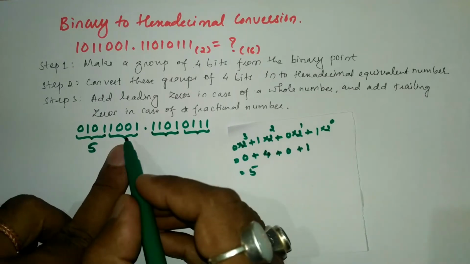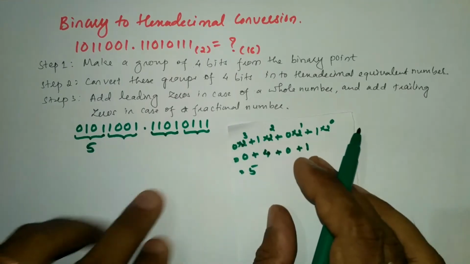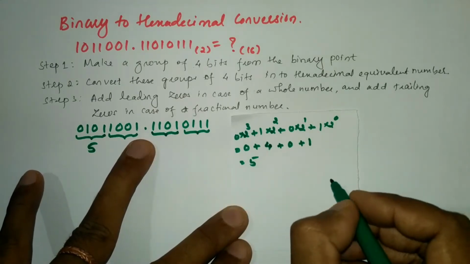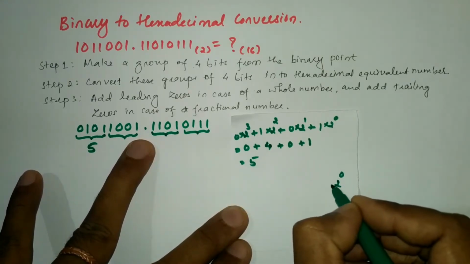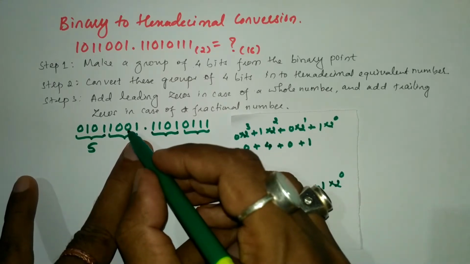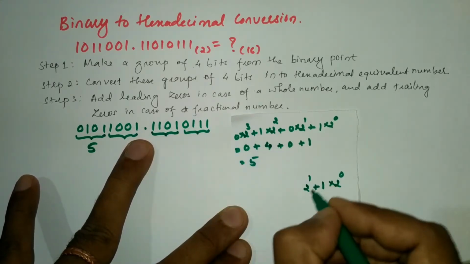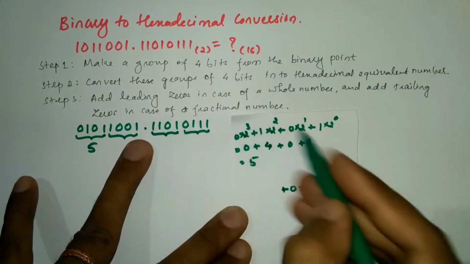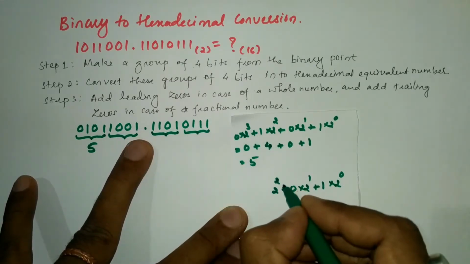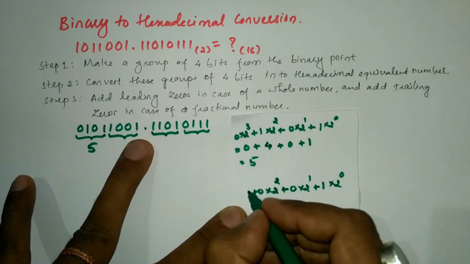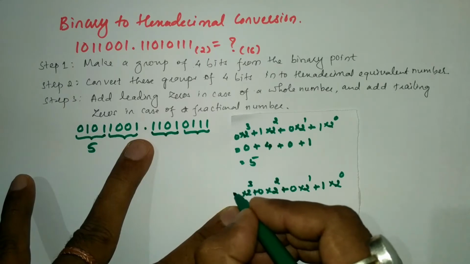Similarly, we are going to convert this group of 4 bits. What is the positional weight of this one? 0. 2 to the power 0 into 1, plus next bit is 0 whose positional weight is 2 to the power 1 into 0. Next bit is 0 whose positional weight is 2 to the power 2 into 0, plus next bit 1 whose positional weight is 2 to the power 3 into 1.